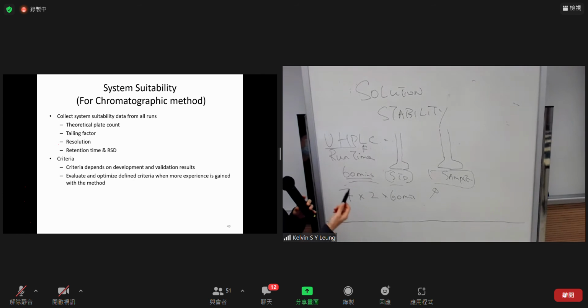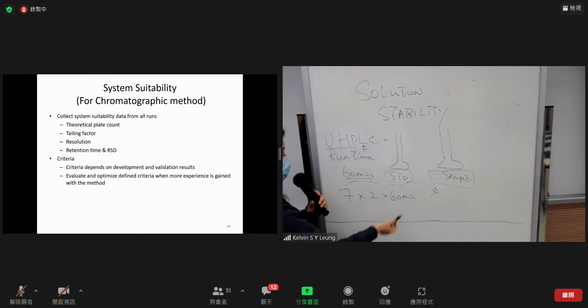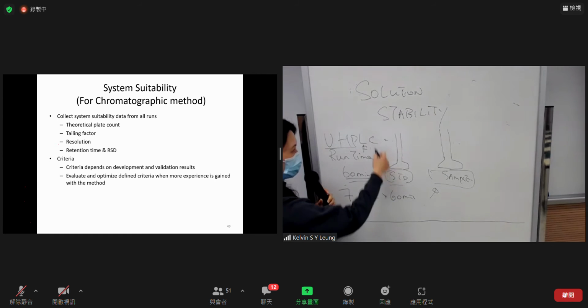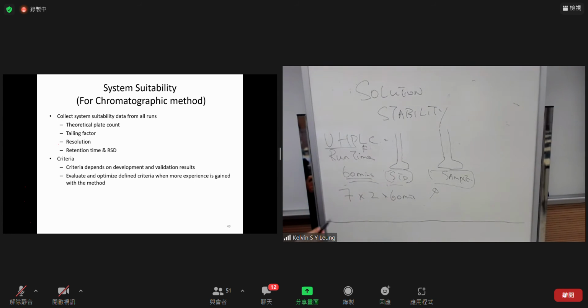And also in routine analysis, maybe you noted that if it is stable, I just need to prepare the standard, and maybe we can keep it for a week. Maybe when you study the solution stability, you can also note how long you can keep the standard. If the standard is very stable, then you can keep it for a week, and you don't need your analyst to prepare it every day.